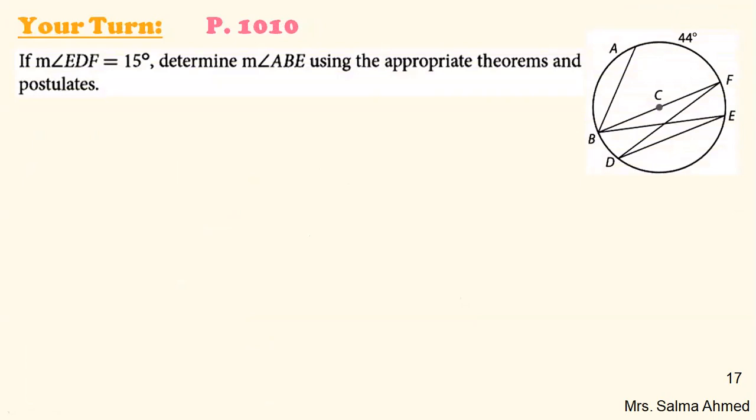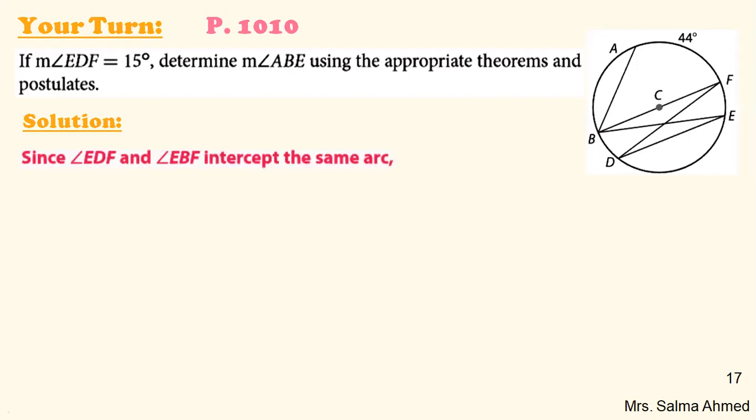Your turn, page 1010. If the measure of angle EDF, this small angle, is equal to 15, determine the measure of angle ABE. So I need to get this whole angle. Using the theorems and the postulates, let's start.